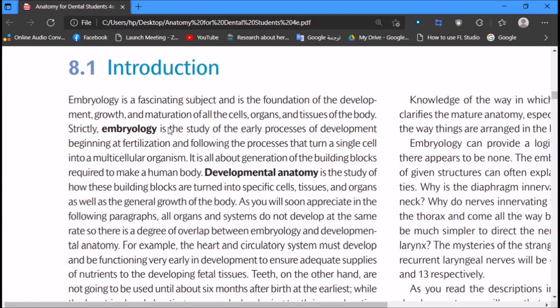Human gestation is considered to take 9 months. More accurately, it usually lasts for 38 to 39 weeks from fertilization to birth.